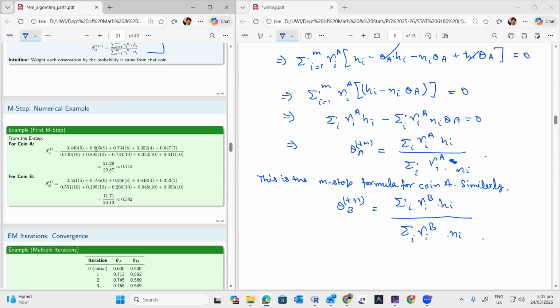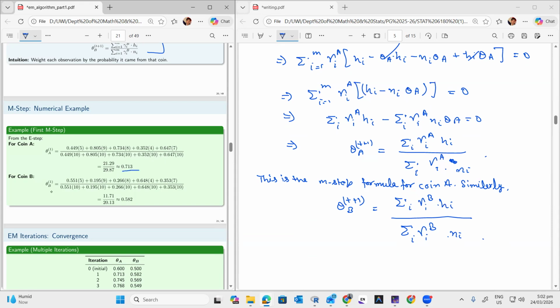Okay, and 0.805 into 9 plus 0.734 into 8 plus 0.352 into 4 plus 0.467 into 7 divided by 0.449 into 10, the total number of observations, plus 0.805 into 10 plus 0.734 into 10 plus 0.352 into 10 plus 0.647 into 10. So that will be 21.29 divided by 29.87, which is approximately 0.713.